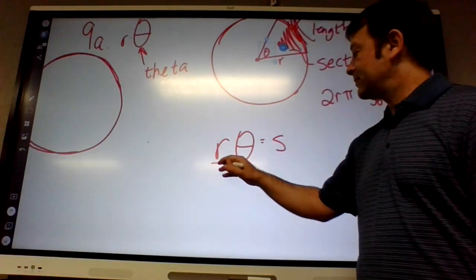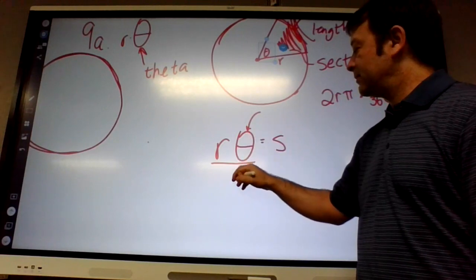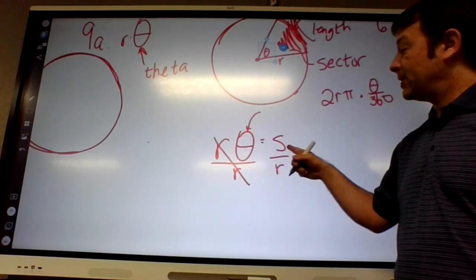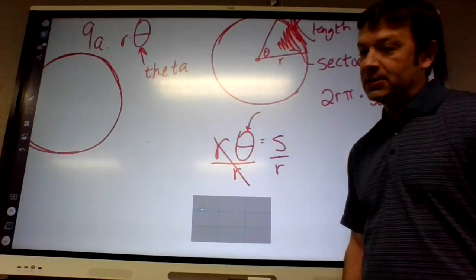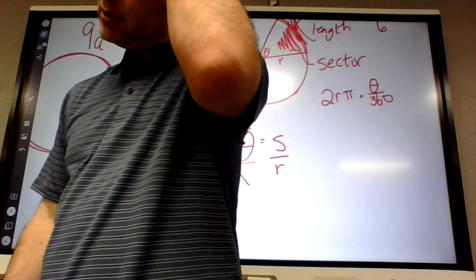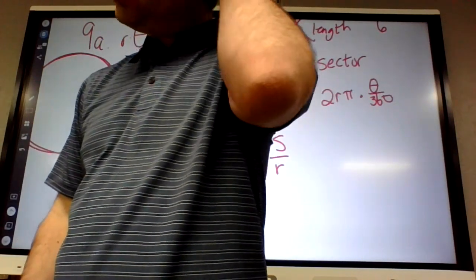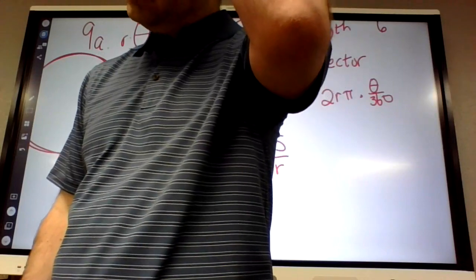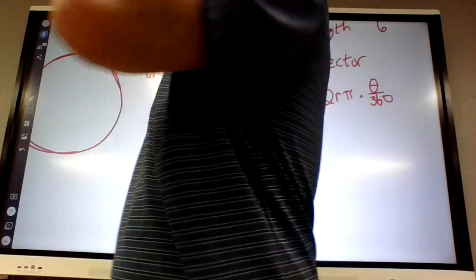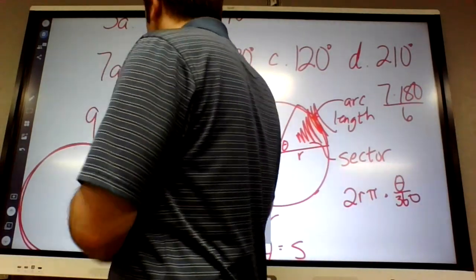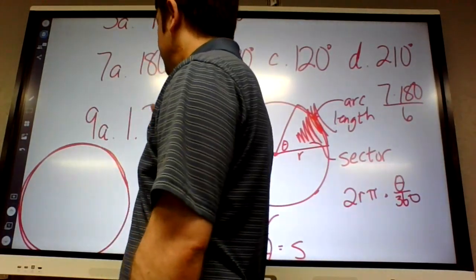How do we solve this for theta? If we divide by r, yeah. So on 9 we're going to have to do the arc length divided by the radius. So it's just 6 divided by 5. Yeah, they put 1.2, but I would accept 6/5.